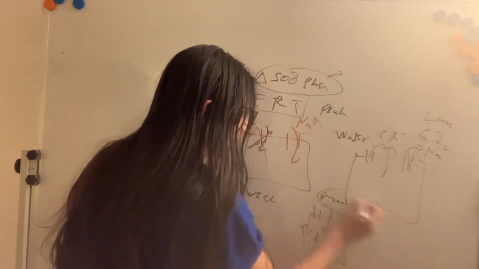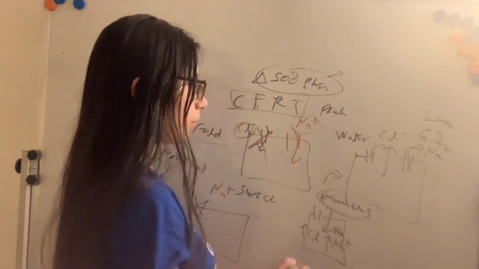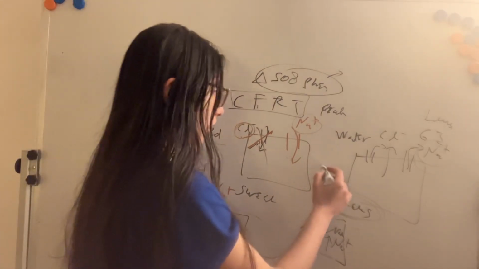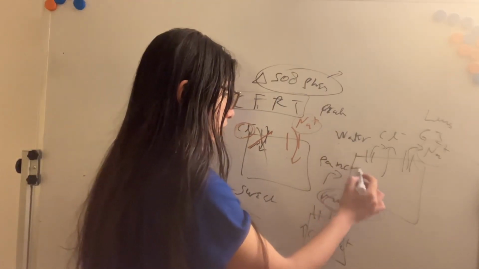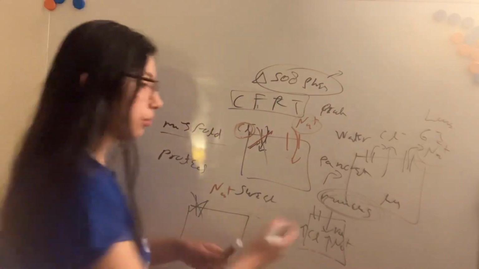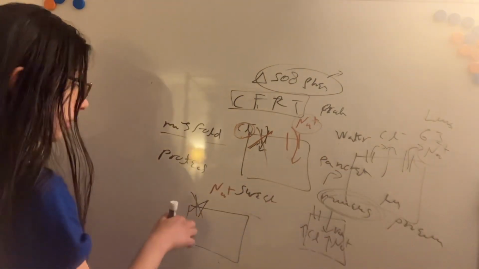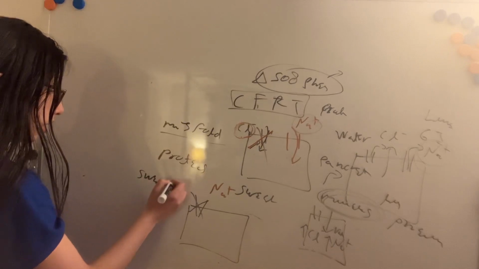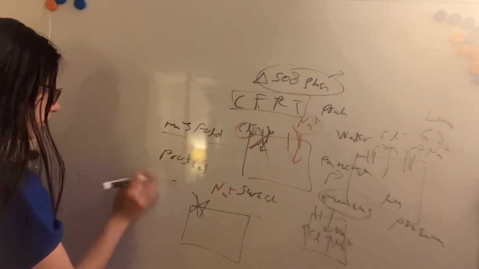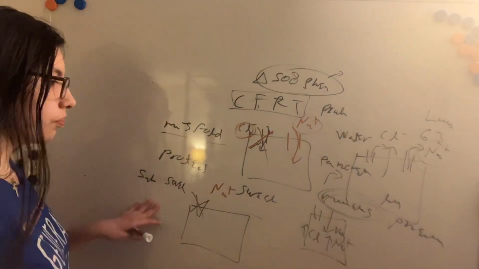So this is a very dehydrated mucus, and this can cause obstruction of the gastrointestinal tract, like the pancreatic duct, and it leads to pancreatitis, or of the lungs in the bronchioles, and the patient will have pneumonia. So here the patient has infection, and here the patient has a salty sweat, and this is part of the diagnosis.